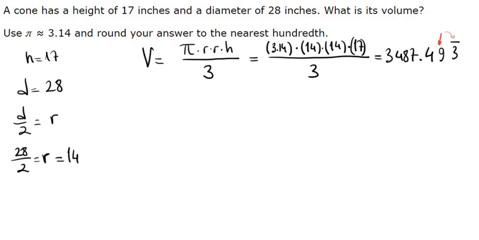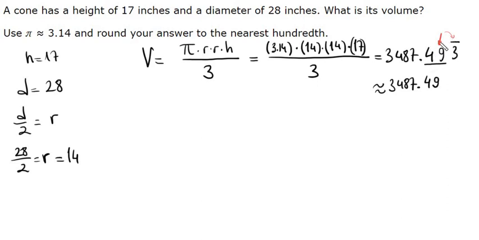That means the answer is going to be approximately 3487.49. Because if the next number is less than 5, we just don't do anything right over here. That's going to stay as 49.